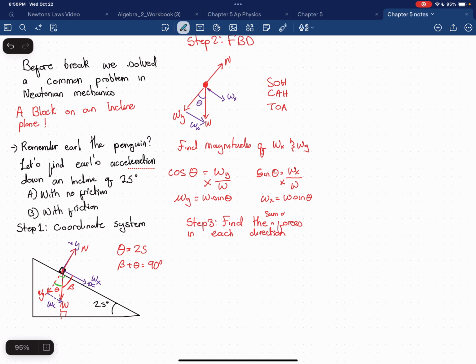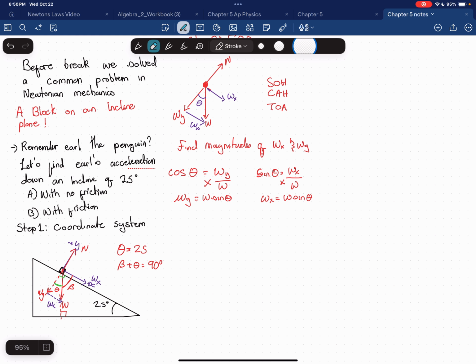I have an iPad. I can just rewrite this. Step 3. Find the sum of forces in each direction.